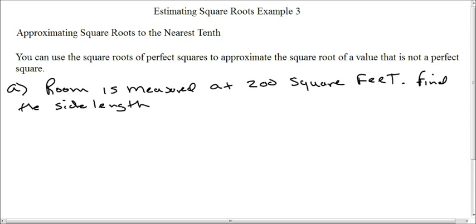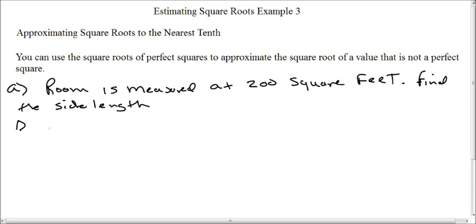The first example says a room is measured at 200 square feet and we want to find the side length. So we have some steps involved. First step says we need to find the value of the whole number.